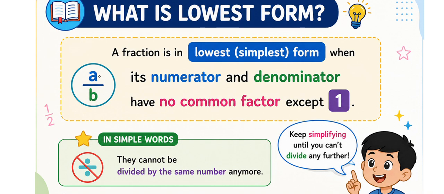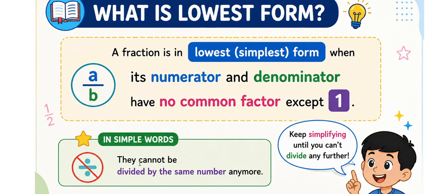A is the numerator. Whatever is written above the line is called the numerator, and below the line, the denominator. So a fraction is in the lowest or simplest form when its numerator and denominator have no common factor except one. It means they will have only one common factor, which will be 1.